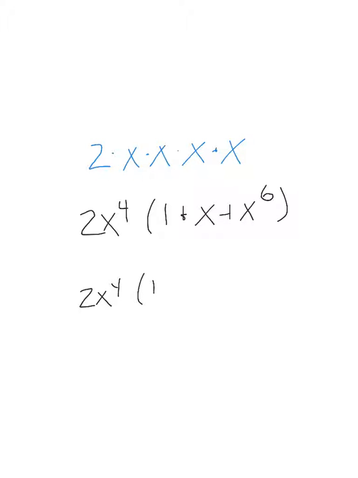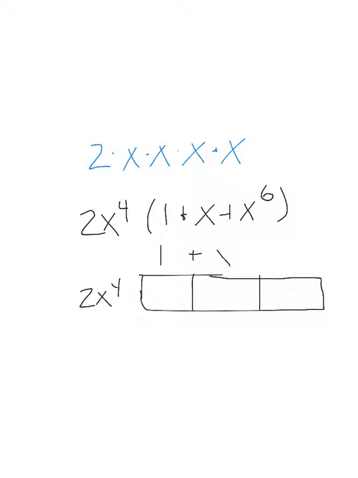We're going to do the box method, and we're going to say 2x to the 4th. There's my box, and there's my box. And I'm going to look at 1 plus x plus x to the 6th. And I want to see that I get what I originally started out with.